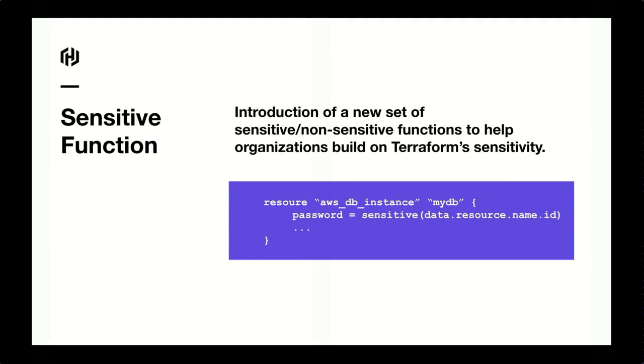Building off provider attribute sensitivity, we've also introduced a sensitive and non-sensitive function into Terraform 0.15. Again, it's worth going back to the initial work in Terraform 0.14, where the goal of Terraform's notion of sensitivity is really to empower practitioners to protect values from inadvertent egress.